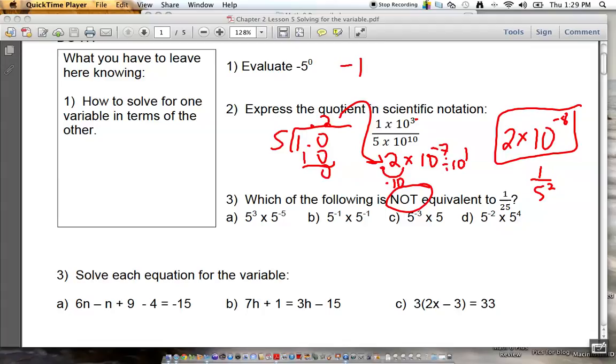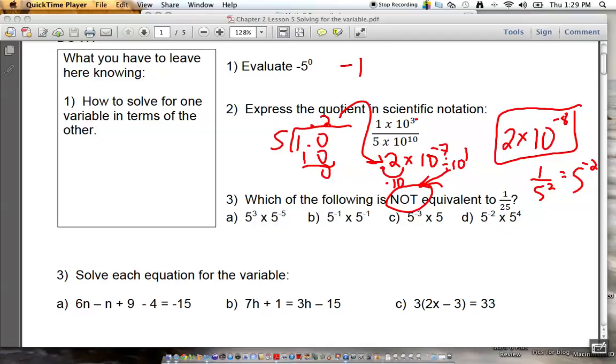Are you with me here, Ishmael? Right? 1 over 25 is 1 over 5 squared. And a negative exponent means that's 5 to the negative 2. So in other words, I'm going to look at these choices and see which one is not equal to 5 to the negative 2. The rule is, since I'm multiplying in every one of these, I'm going to add exponents. Okay? What's 3 plus negative 5?